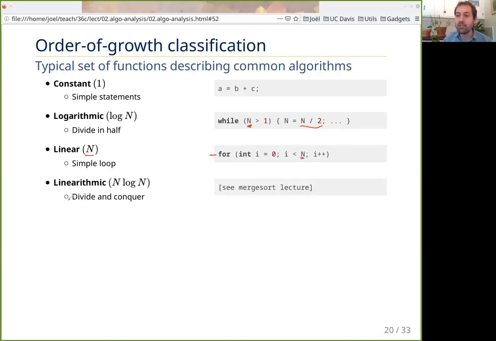Next, we have an interesting one that we're going to talk about later this quarter. It's called linearithmic. It's essentially n log n. It's used, for example, in the sorting algorithm called merge sort. And it's also very popular in all of the techniques called divide and conquer. Often what's going to happen is that you have a certain collection of n elements.